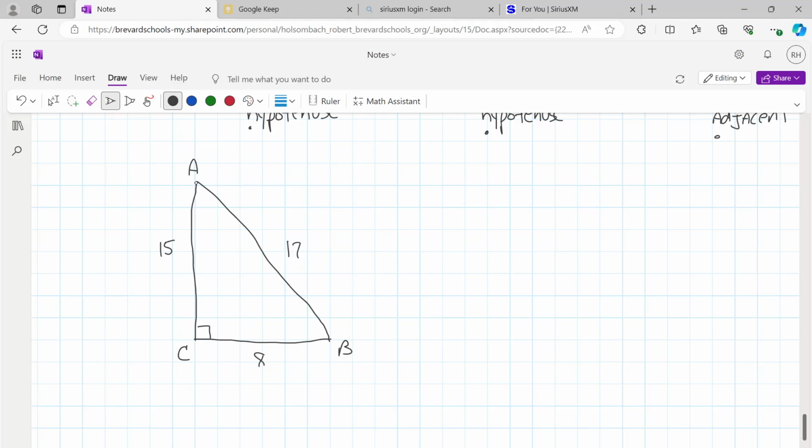And we're going to write the sine, cosine, and tangent of angle A. And then we're going to write sine, cosine, and tangent of angle B. So in relation to angle A, this is our angle A right here, up top.